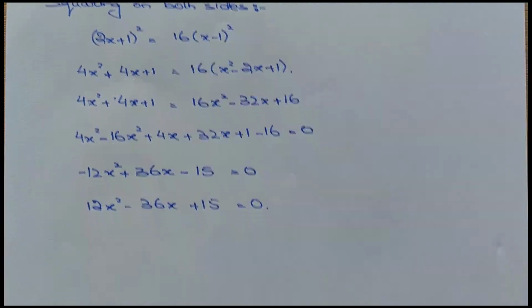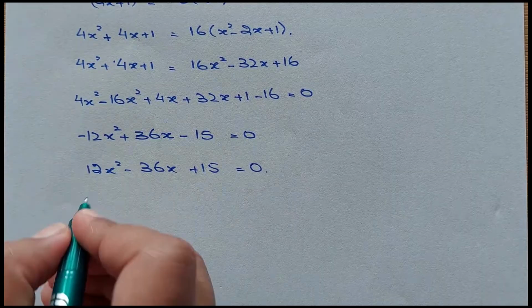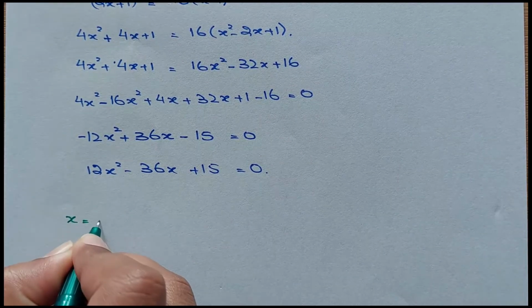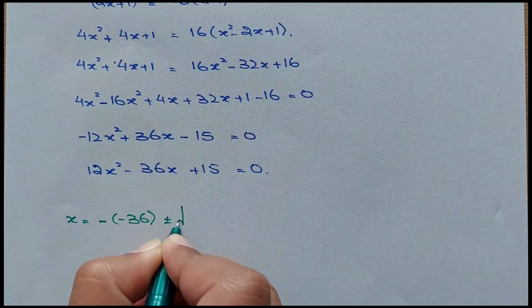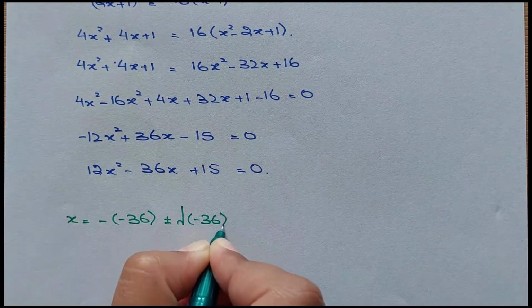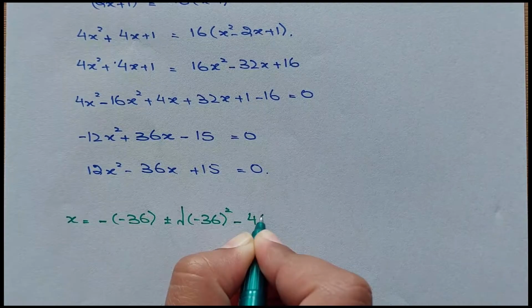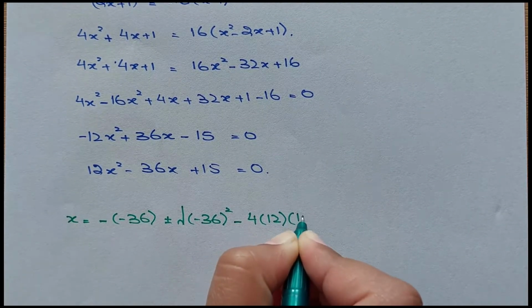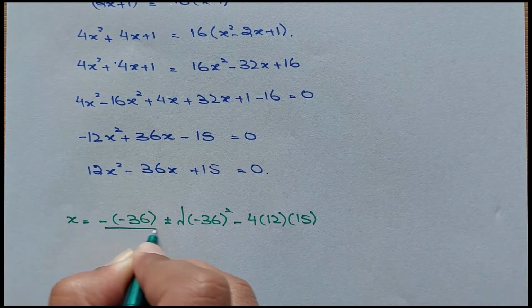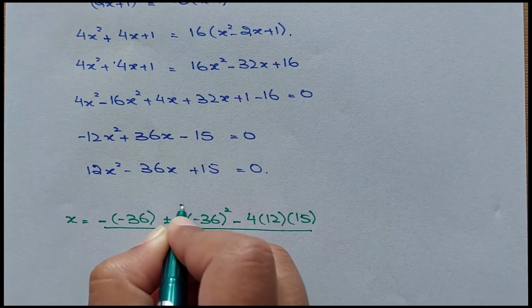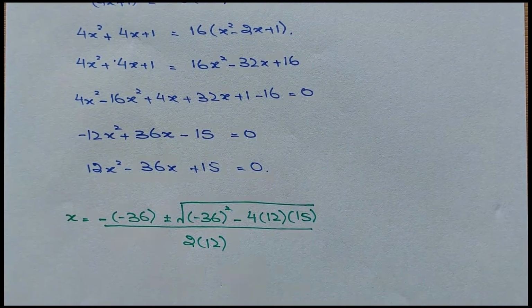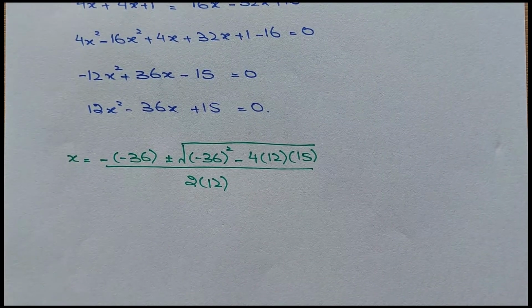Let me solve by using the quadratic formula. So x equals negative of the b value, which is minus 36, plus minus square root of b square, 36 square, minus 4 times the a value times the c value, divided by 2 times the a value, right? Okay, let's simplify it further.